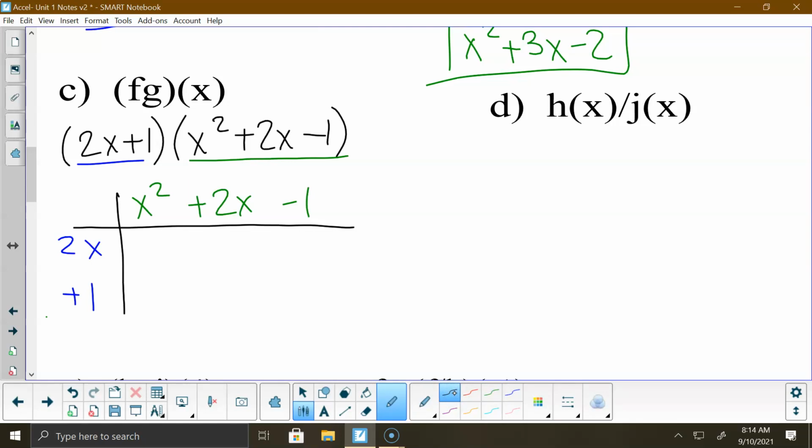Okay, so x squared times 2x is 2x cubed. 2x times 2x is 4x squared. Minus 1 times 2x is a minus 2x. Easier? Yeah. All right, this one's x squared, this one's 2x, this one's minus 1. Now, the luxury with doing it this way is most of the time on diagonals, you'll have like terms, okay?